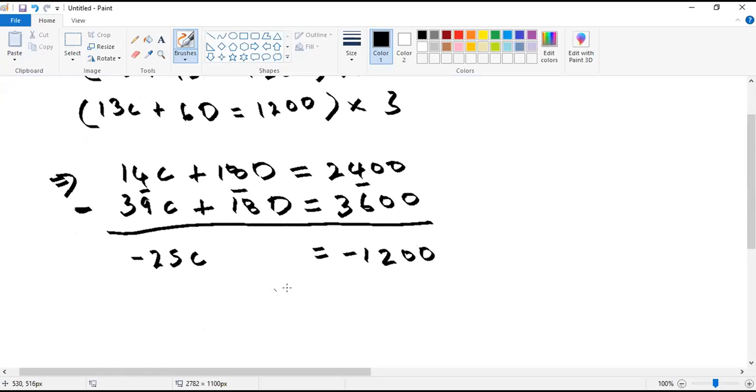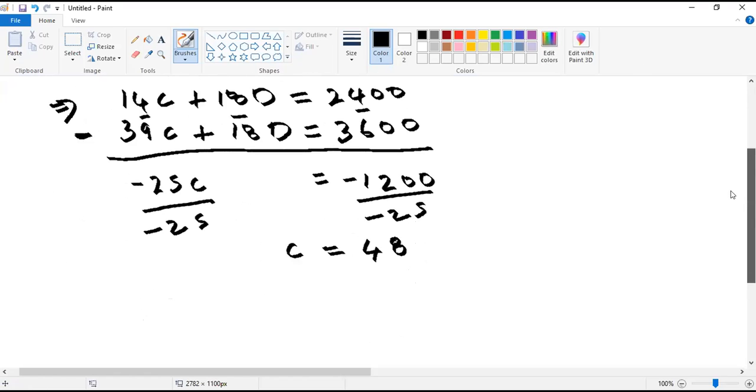So we'll have C being equal to 48. Just like that, the cost of a chair is $48. Lovely.